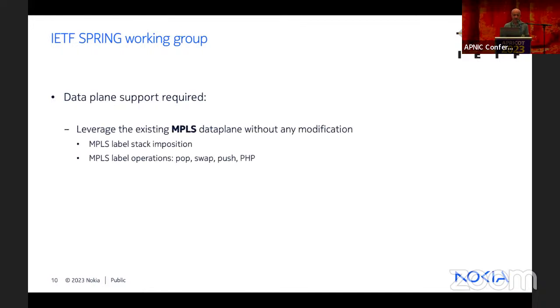The Spring Working Group mandated that the segment routing work should support 2 data planes. So the first data plane was the MPLS data plane, right? What do we mean by the MPLS data plane? Anyone? When we say to use an MPLS data plane, what does that mean?